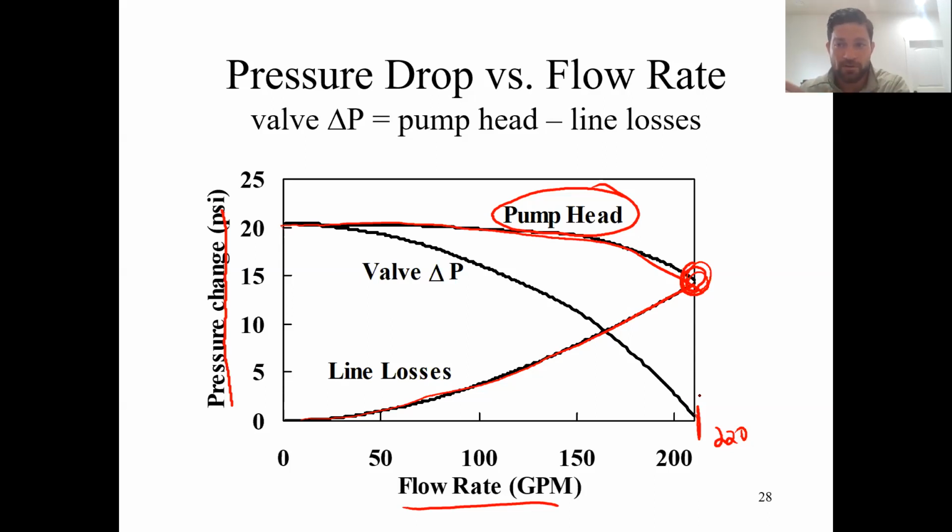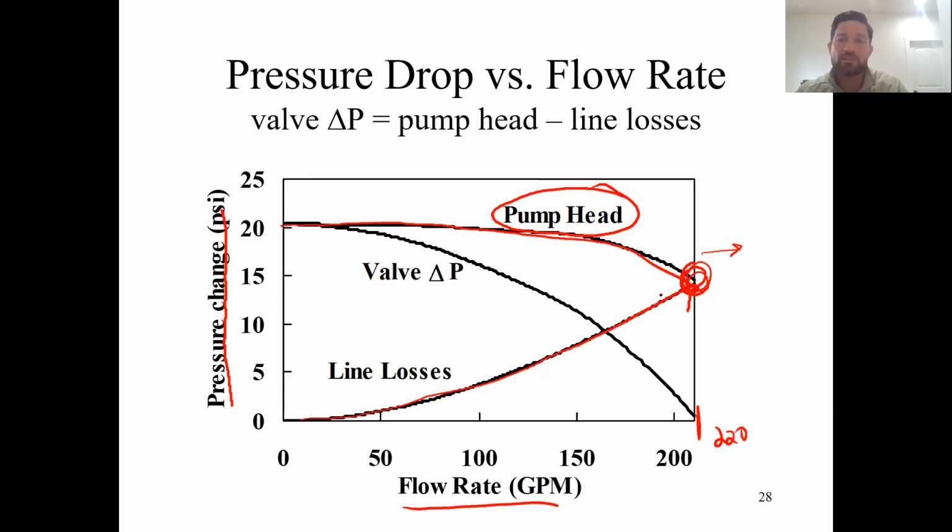So the flow is going forward at 220 gallons per minute. We get to this point, right? If we try to go faster, we're not going to go from 220 gallons per minute this way to all of a sudden turning around this way. What's going to happen is we're just not going to get any higher flow rate. We've peaked out on the flow rate. So anything we try to do to get more, it's not going to be able to give us more. So we can't continue to go forward in this direction.